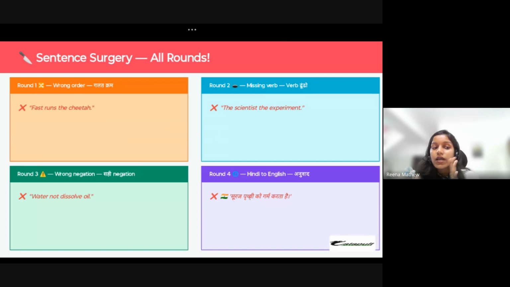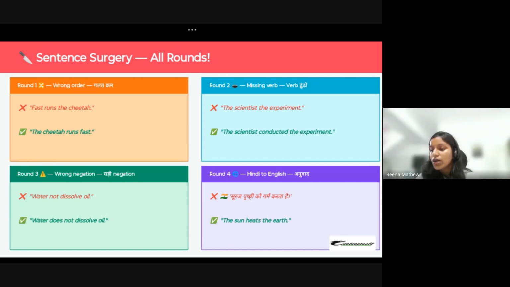Okay, now round three: you have to negate this sentence correctly. Water not dissolve oil. Format sahi nahi hai. I taught you that you should add do or does not. So how do you say this? Water does not dissolve oil, right?